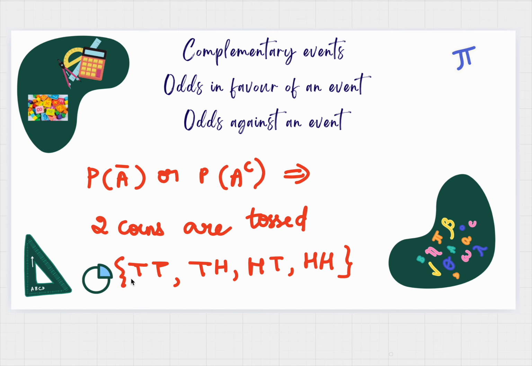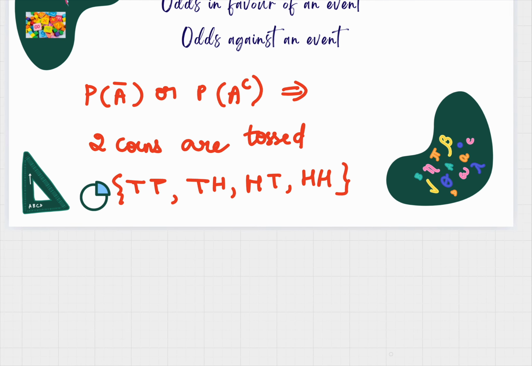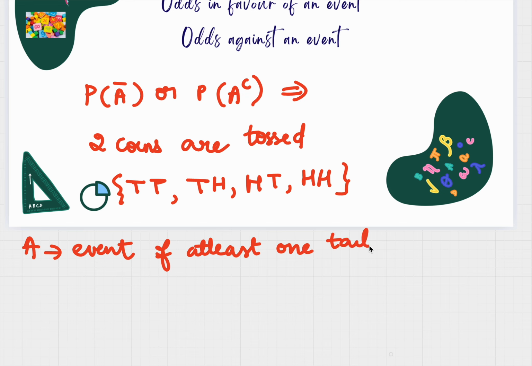Now, if I ask, what is the event of getting at least one tail? So A is the event of getting at least one tail. So P of A is the probability of getting at least one tail.